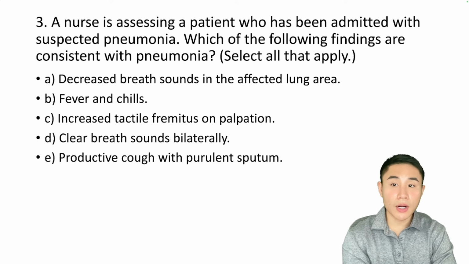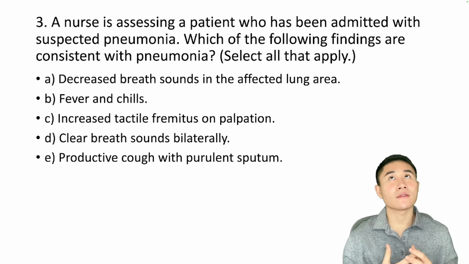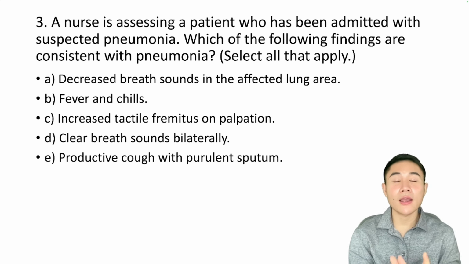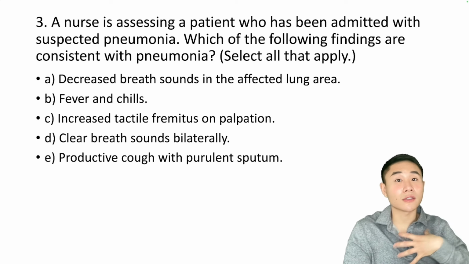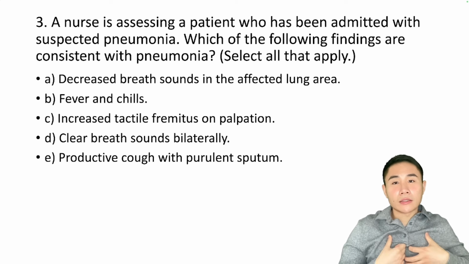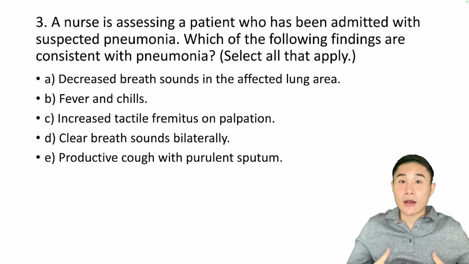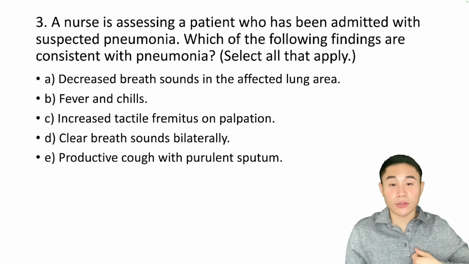That's correct, right? When someone has pneumonia, they usually have a lot of infection, a lot of pus and fluid in their alveoli, and that can lead to consolidation of the lung, and the lungs are very dense. They usually don't have much gas exchange area in the alveoli, so they have decreased breath sounds when you listen to the lungs.